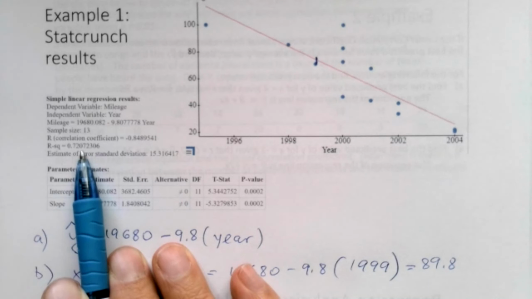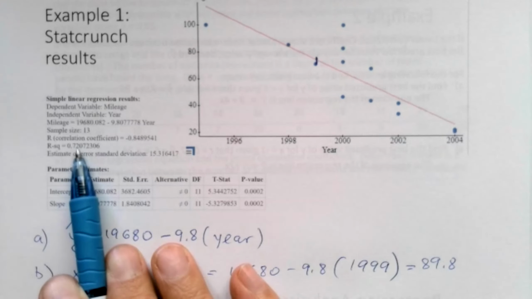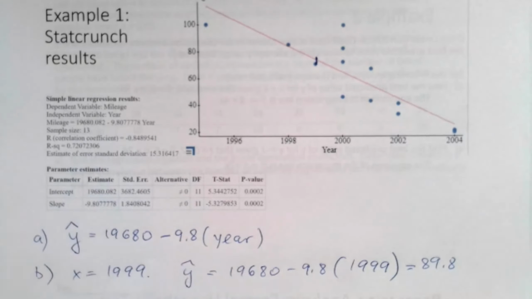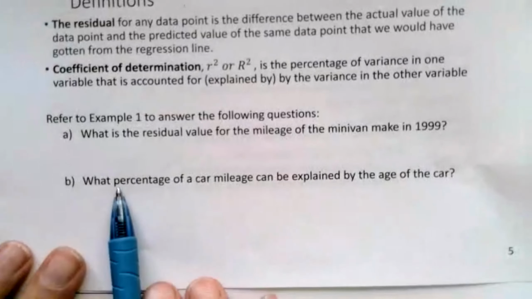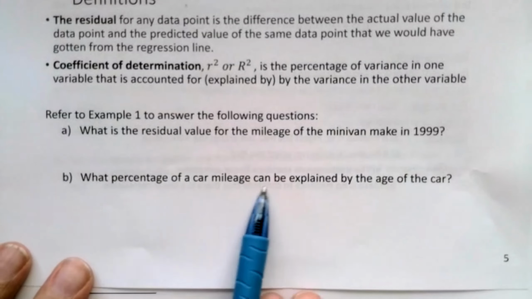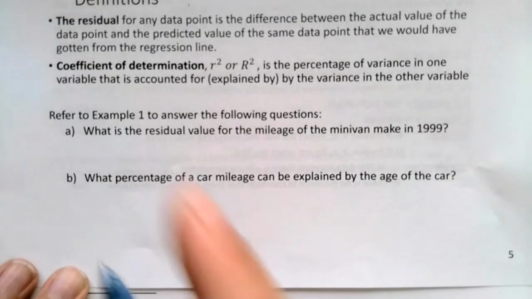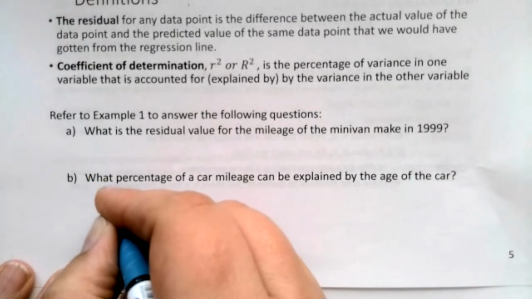Of course, we know some people drive more, some people drive less. So that's another variable, but 72% of it is due to the actual age. So the answer to this question, what percentage of car mileage can be explained by the age, is 72%.